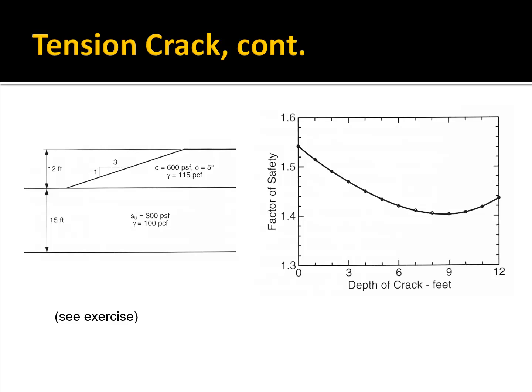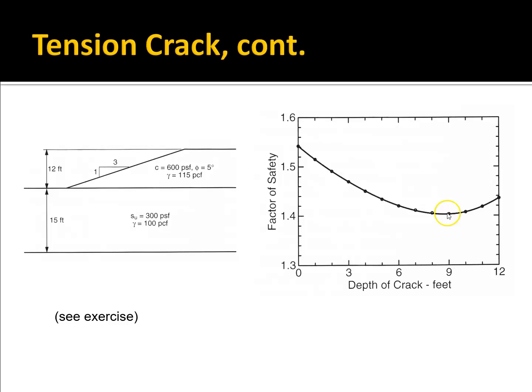Another approach you can use is you can iteratively vary the depth of the crack, calculate the factor of safety, and then plot the factor of safety versus the depth of the crack. And for this example problem shown here, you get a factor of safety curve like this.